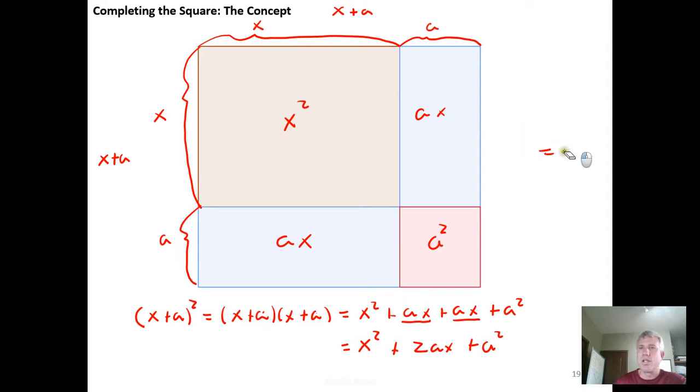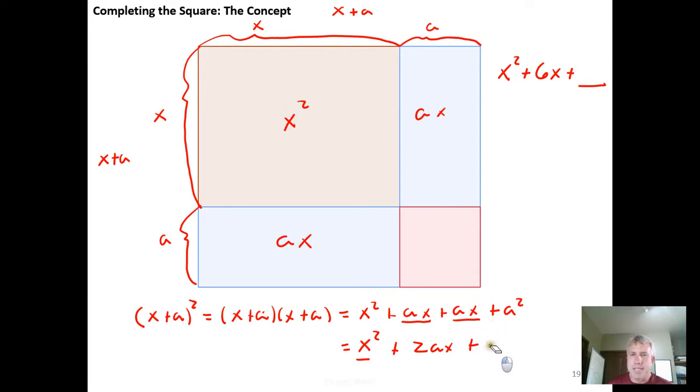So here's an example. Suppose I had x squared plus, let's say, 6x plus, and I wanted to know what number to put here to finish off the area. I don't know what a squared is. But here's the idea.